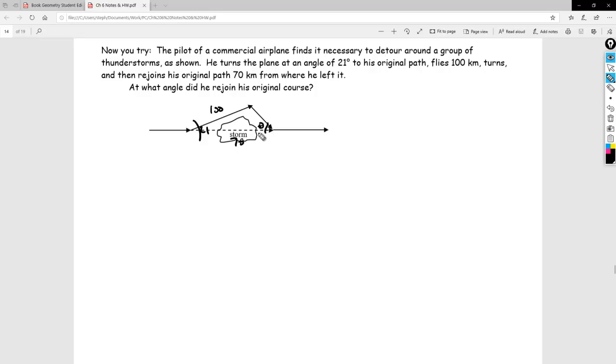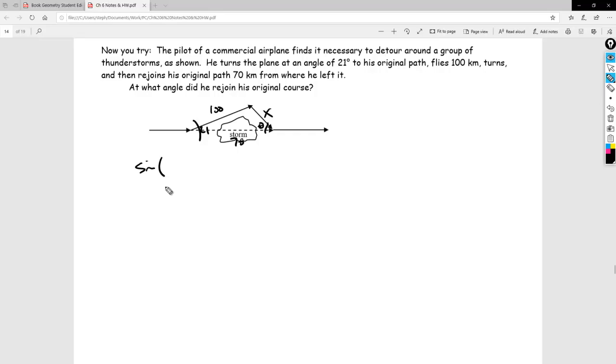Okay, now I have a few issues here. Mainly, I really need to know this distance, okay? Because if I end up setting up, let's say, law of sines.